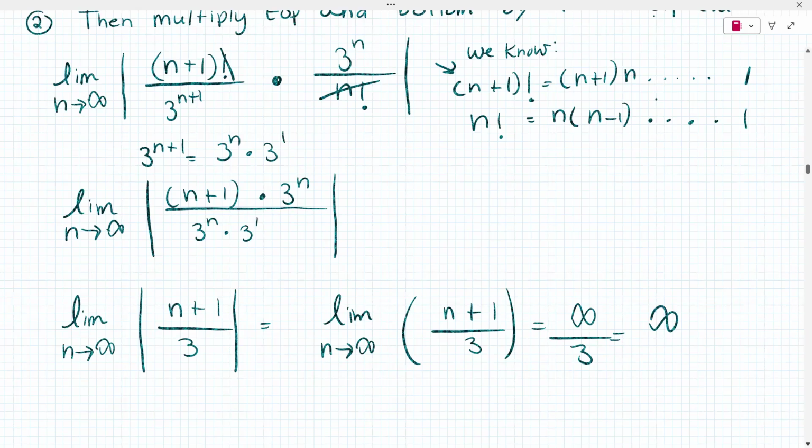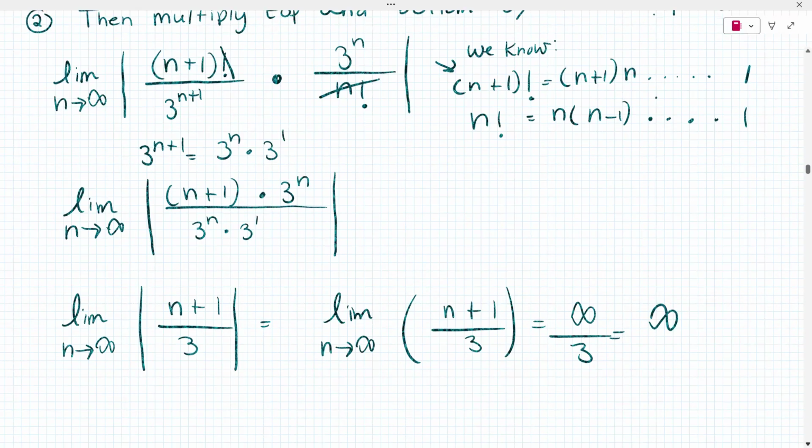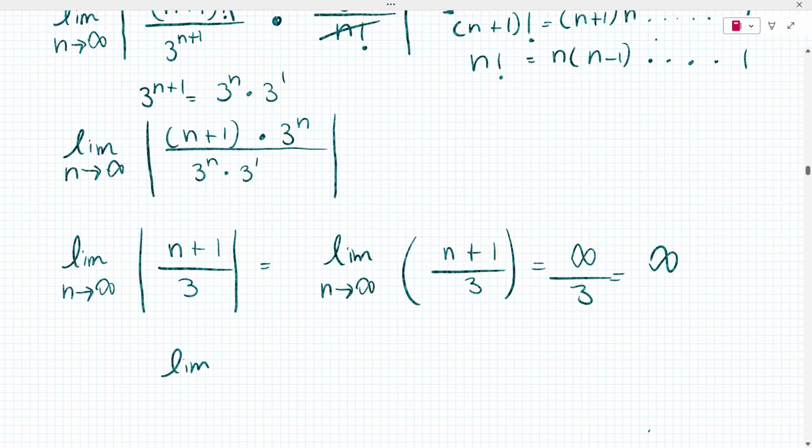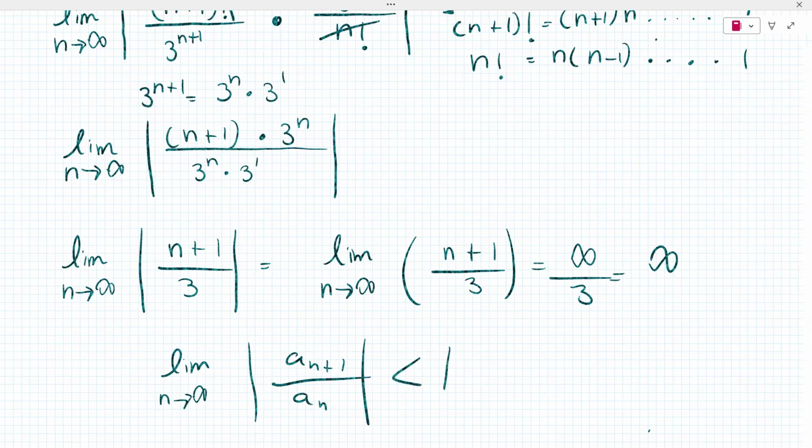And we also know that the limit as n goes to infinity of the absolute value of a n plus 1 over a n.